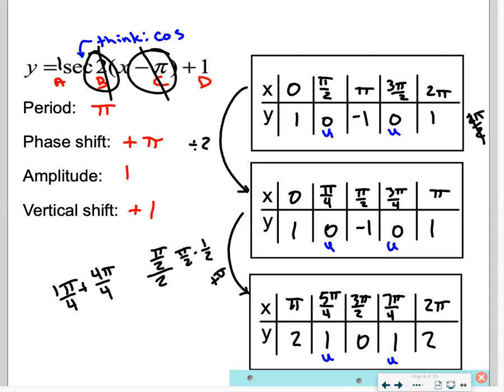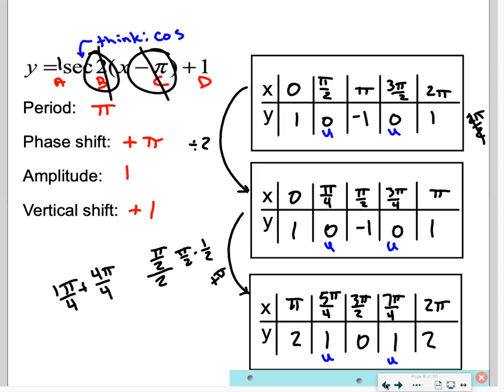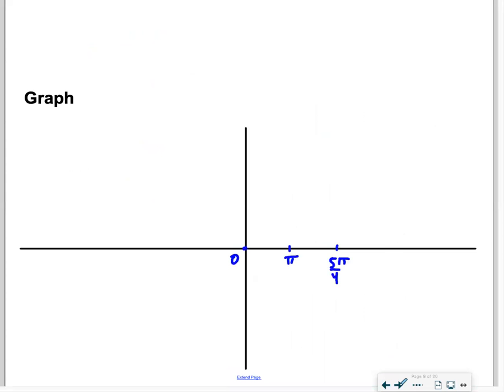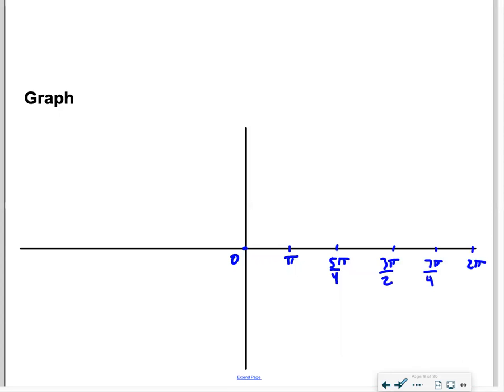All right, let's jump back. This is pi, 0, pi, 5 pi over 4, 3 pi over 2, 7 pi over 4, 2 pi. And this went from 0 to 1 to 2.